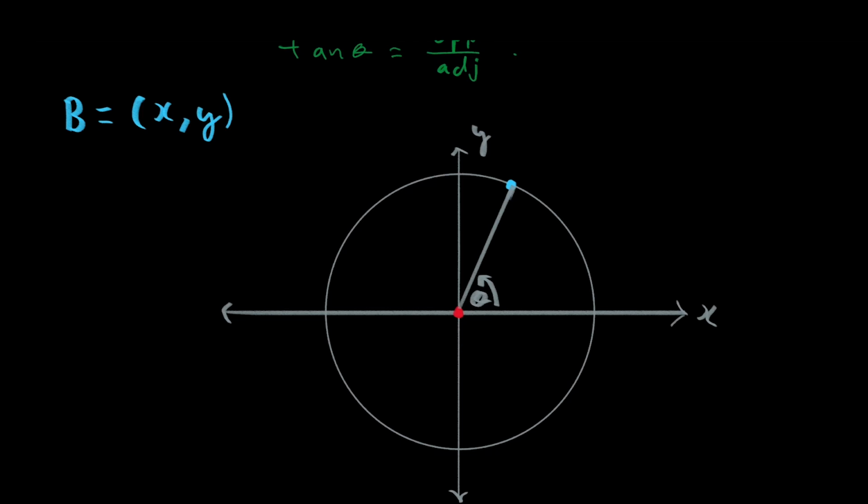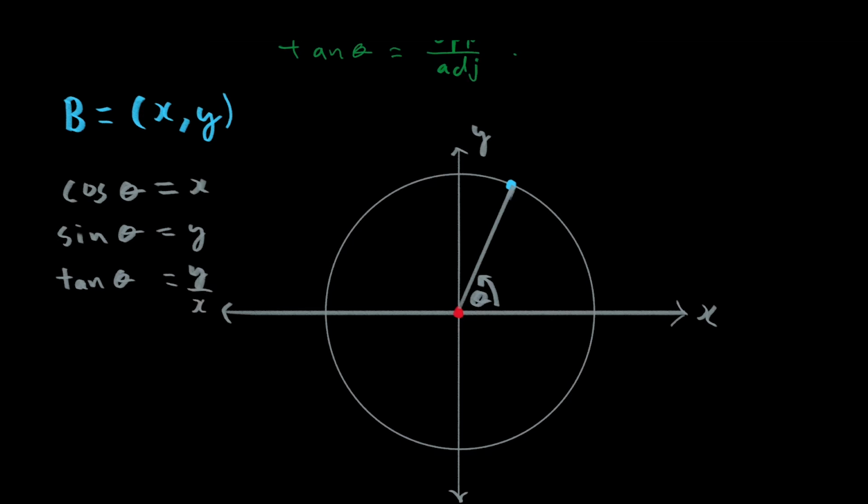Okay, and then we can define the cosine of theta as being equal to x, the sine of theta as being equal to y, and the tangent of theta as being equal to the sine of theta over the cosine of theta, which just boils down to saying y divided by x.